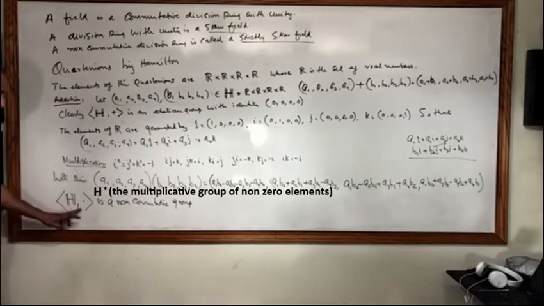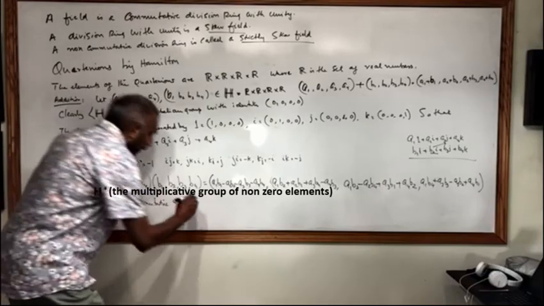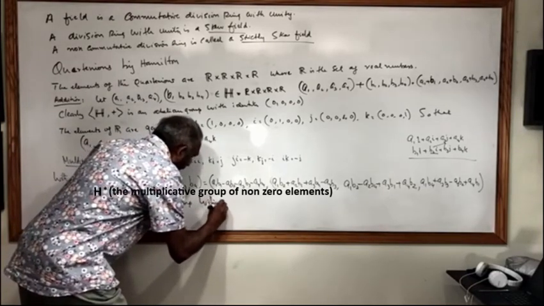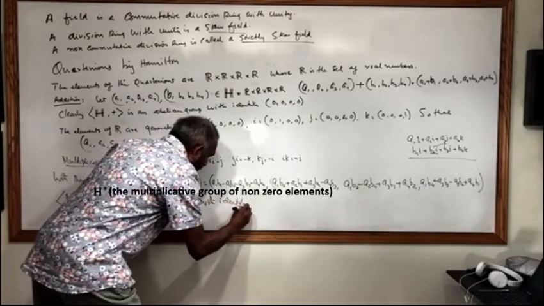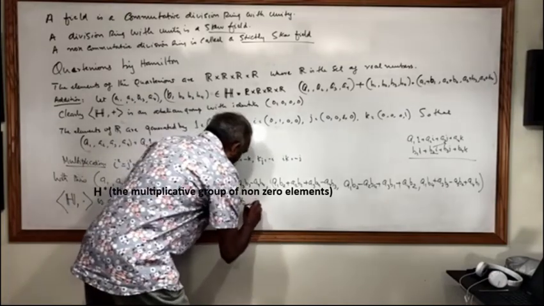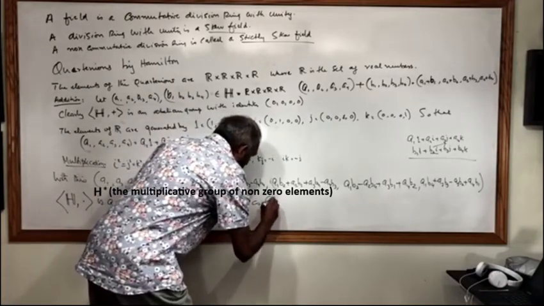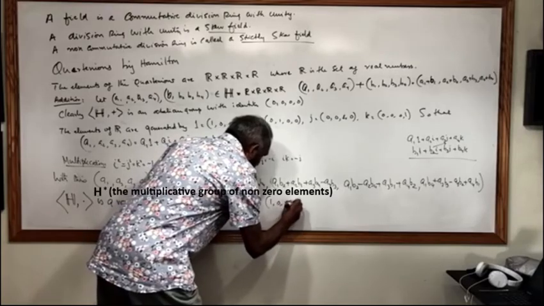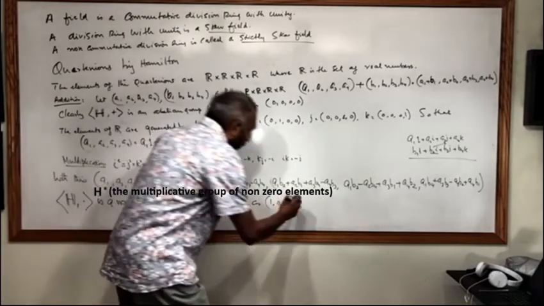Because it has the inverse, I will show you what the inverse of every element is, with the identity as (1, 0, 0, 0), that is equal to 1.